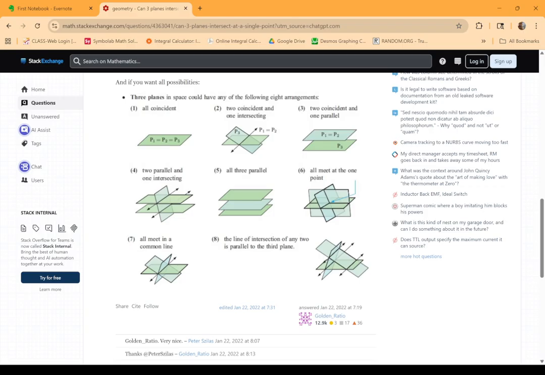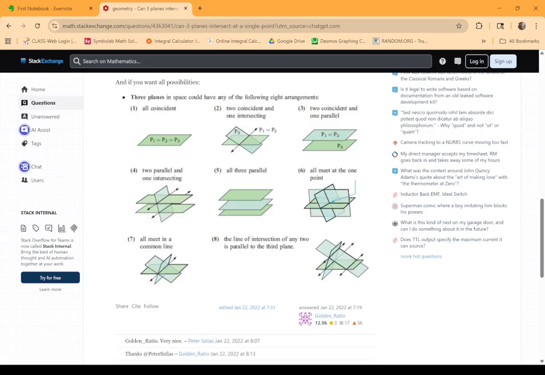That is one solution. The other thing that can happen, if you look at 5 here, is that all 3 are parallel, so there is no intersection, so there's no solution. And then the rest of the instances have an infinite number of solutions.